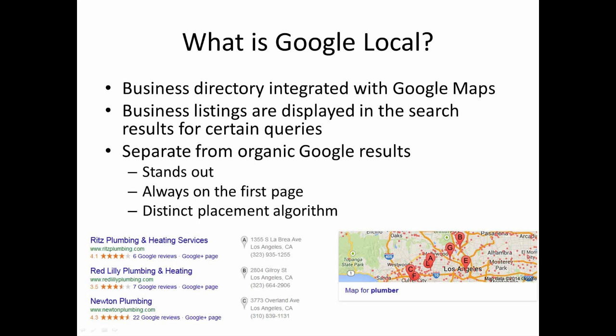But the local results, as you see a little bit below here, are different. It's got the link to the website, but it also has reviews. It has a link to the profile page. And it also has address and phone number. And that's really important. It helps stand out from the rest of the results. And most importantly, it's always on the first page. So there's usually a pack of maybe 3 to 7 or 8 of these listings on the first page for certain queries.